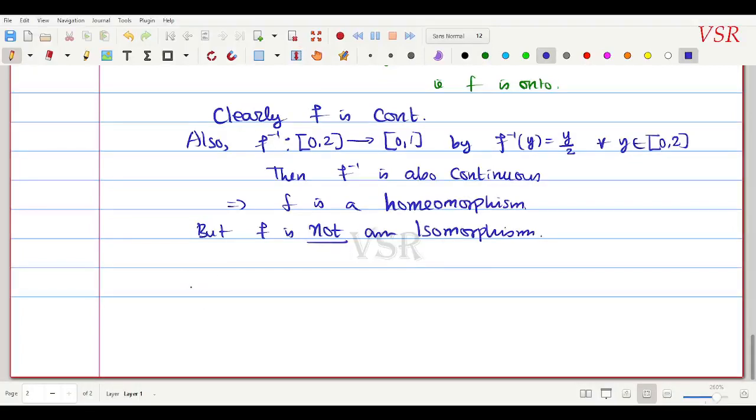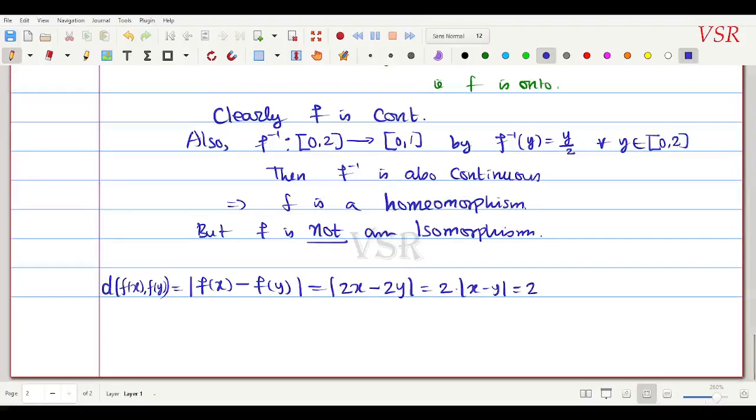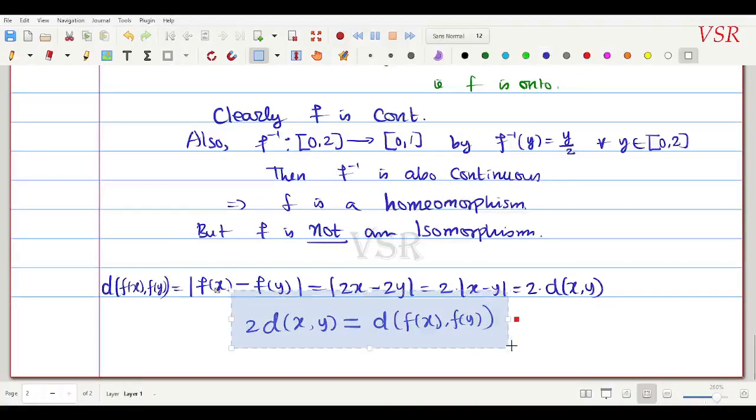For example, look here: the distance between f of x and f of y is the modulus of f of x minus f of y, which is the modulus of 2 times x minus 2 times y, which is 2 times the modulus of x minus y, which is 2 times the distance between x and y. So the distance between f of x and f of y is twice the distance between x and y. Okay, so what does this mean? I may write it in this way.